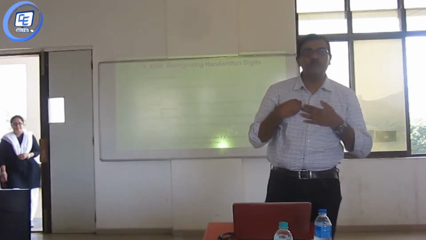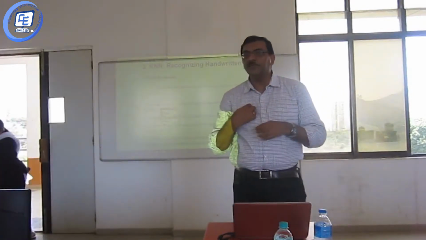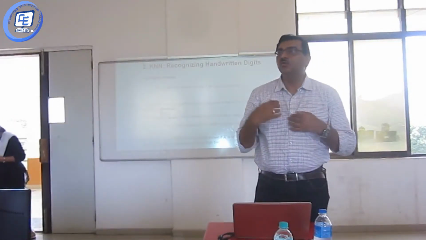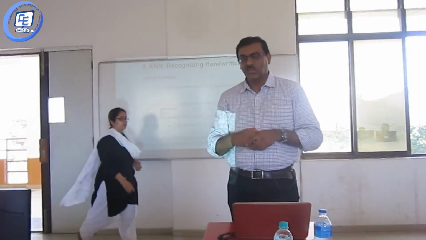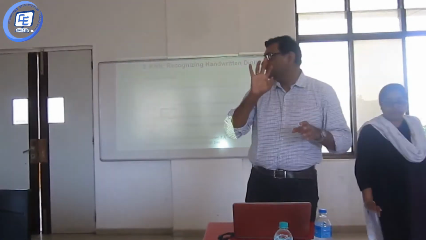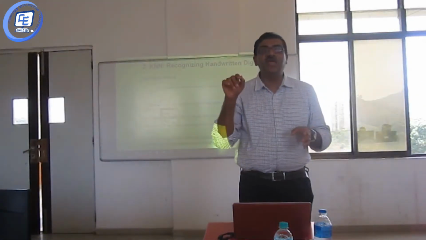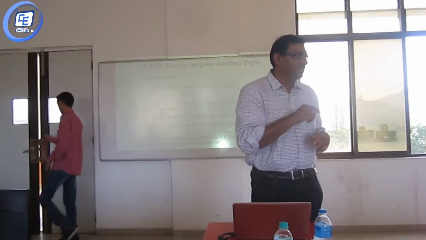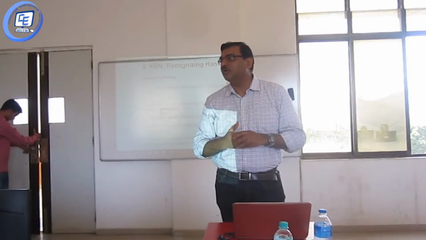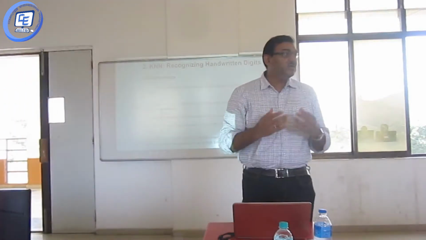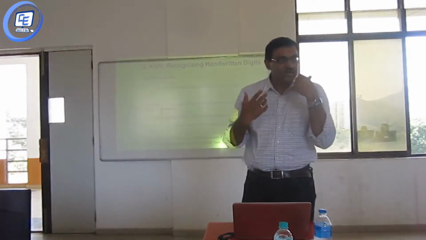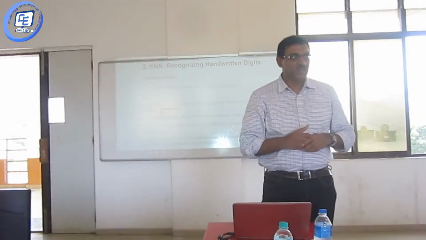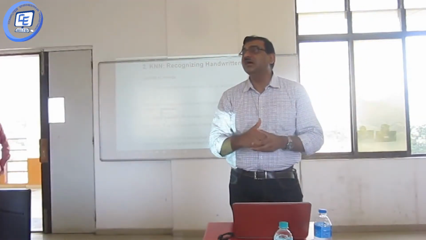So if I am a new sample, I want to find out who is my nearest neighbor. If I specify the value of k equal to 1, I want only one nearest neighbor. If I specify k equal to 3, I want 3 nearest neighbors. So let me take k equal to 3. So I will find 3 nearest neighbors.